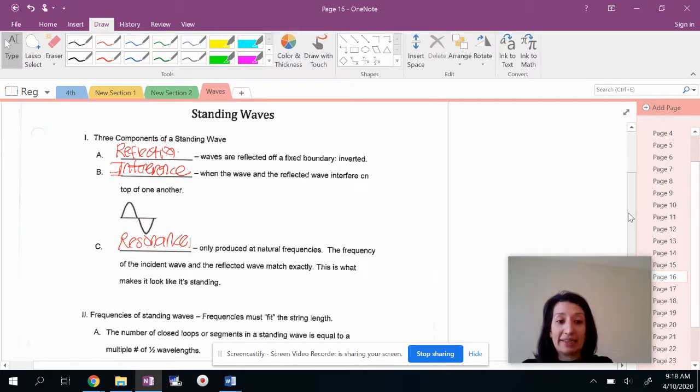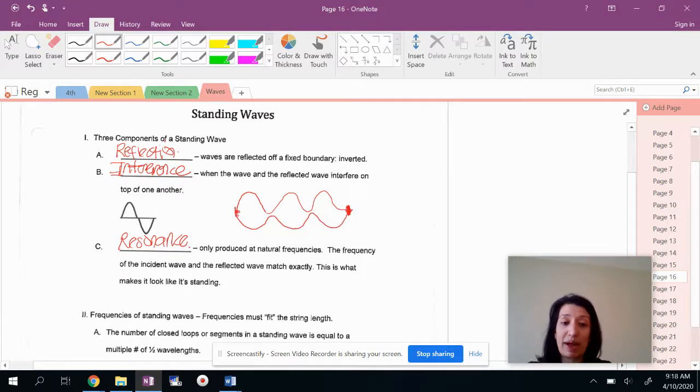when a wave is sent, I'm going to talk about reflection really quick. When a pulse is sent on a string, let's say, and there's a fixed boundary on the other side, when that pulse gets to that boundary, what happens is it gets inverted.